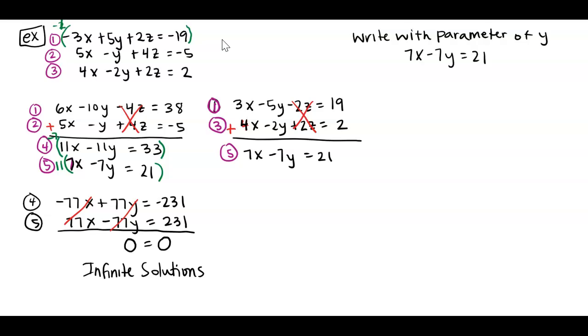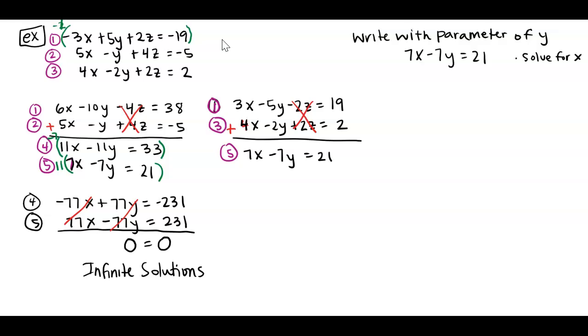Basically what this means is we want everything in terms of that number. So I'm going to solve this equation for x, and when I do that, I'm going to be left with y in my answer.